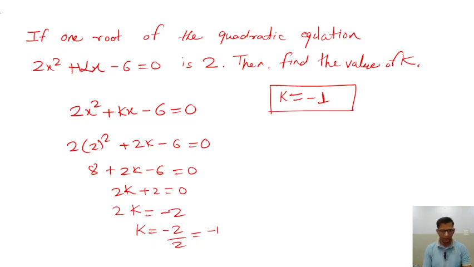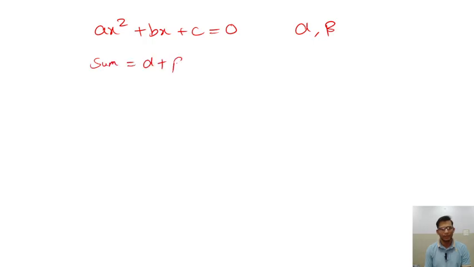There is one more thing. If ax square plus bx plus c equal to 0 is a quadratic equation and it has two roots alpha and beta, then the sum of roots is written as alpha plus beta, and there is a relation between these roots and the coefficients a, b and c.